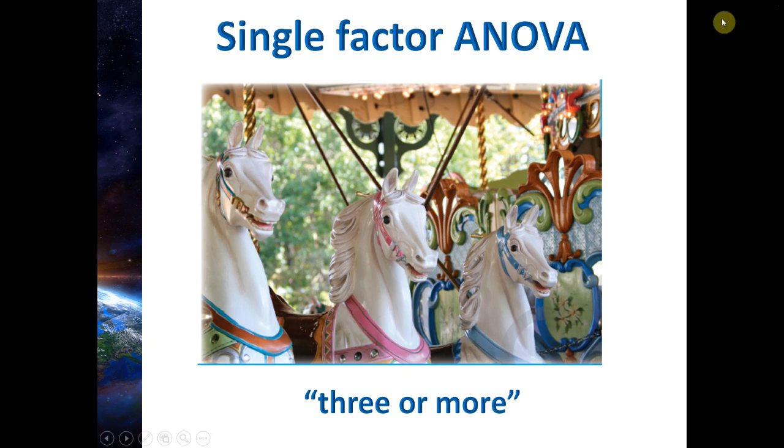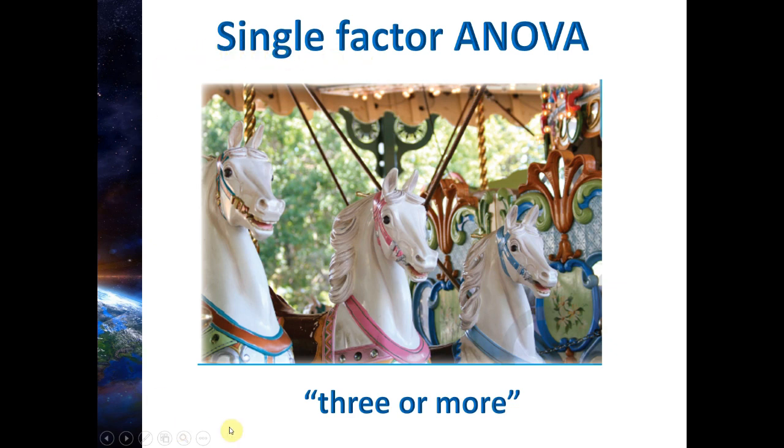But anyways, in case you're wondering what ANOVA stands for, it is analysis of variance. And the fact that we're looking at a single factor means we're looking at just one independent variable.